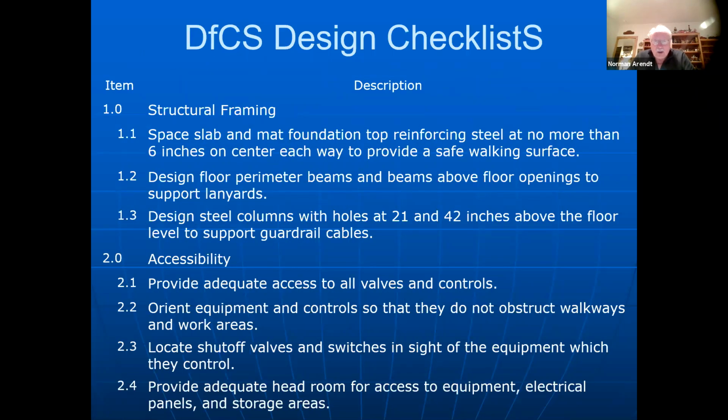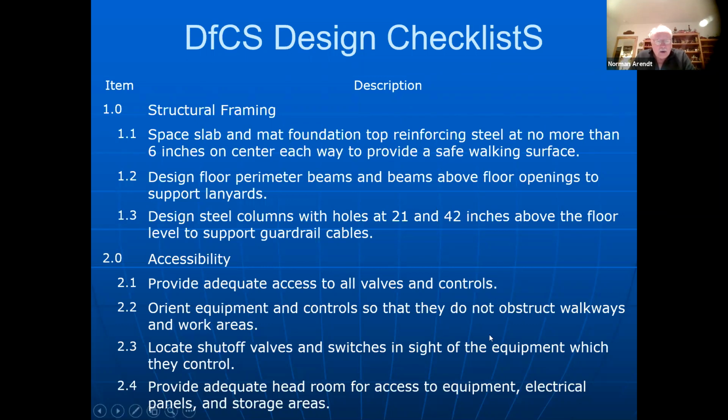This is just an example of one of the checklists, just part of a checklist, showing what is involved. You can see that it's really just stuff that is put into the design, whether it's for framing or accessibility, that makes the project safer.